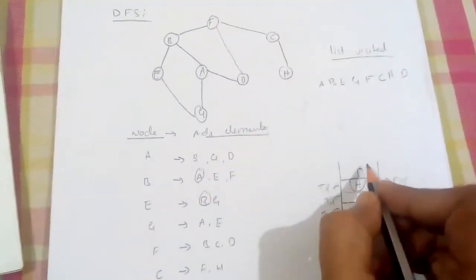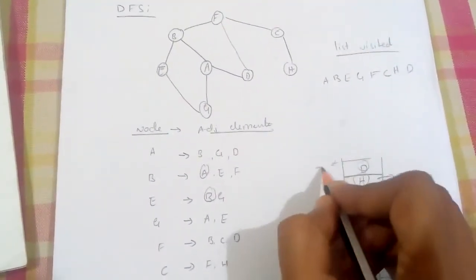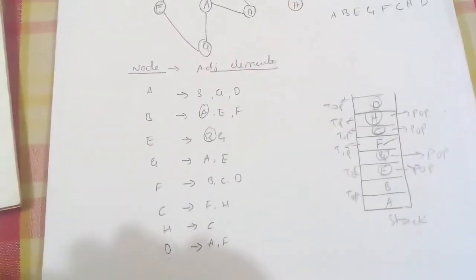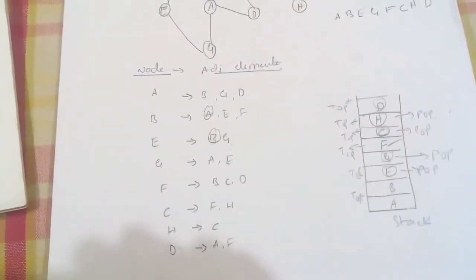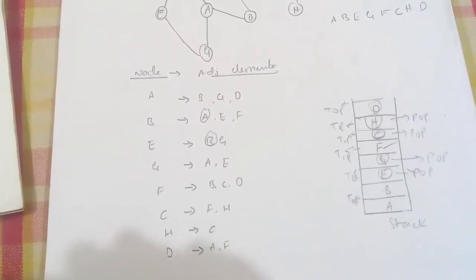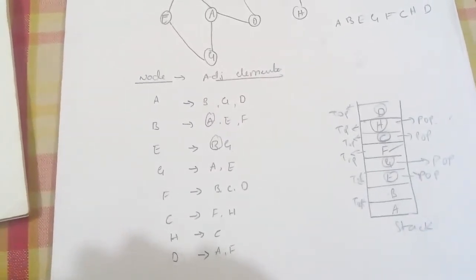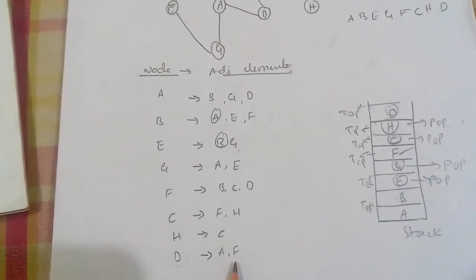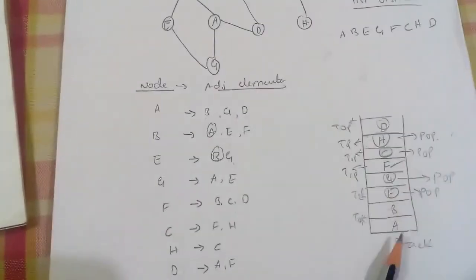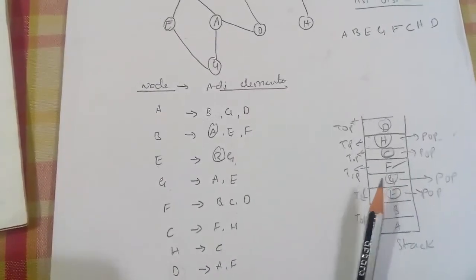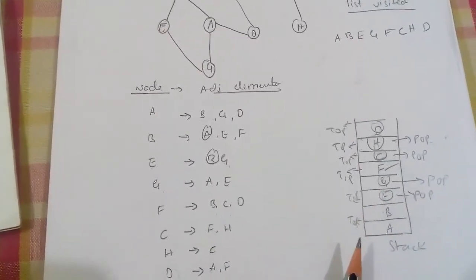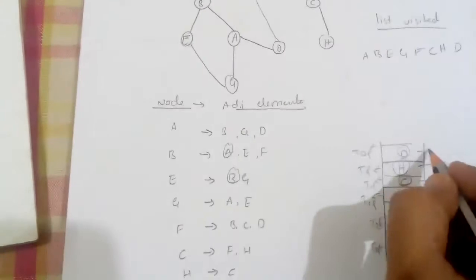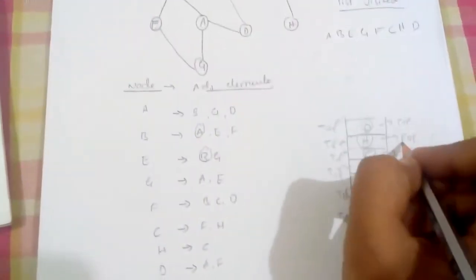Now D is the top of the stack. It has no unvisited nodes, so now D is popped from the stack.